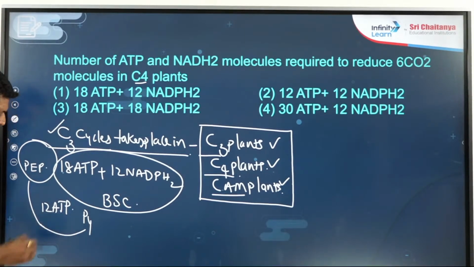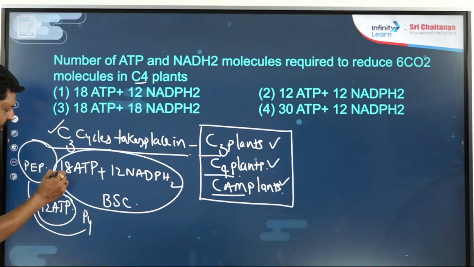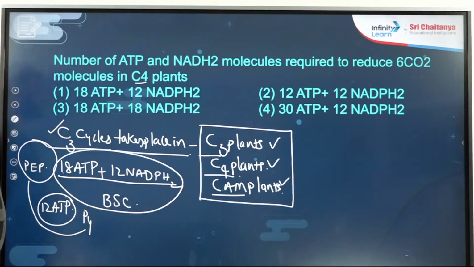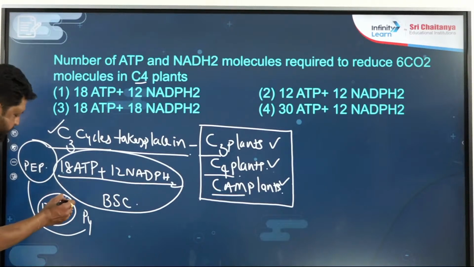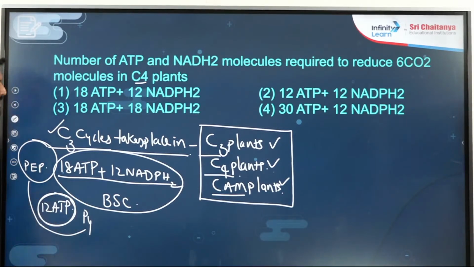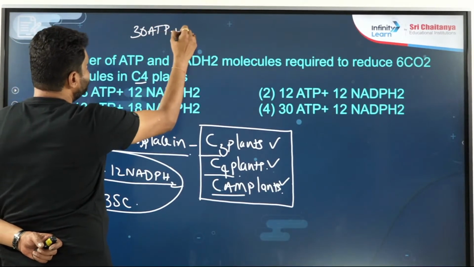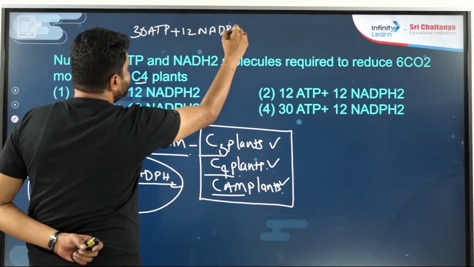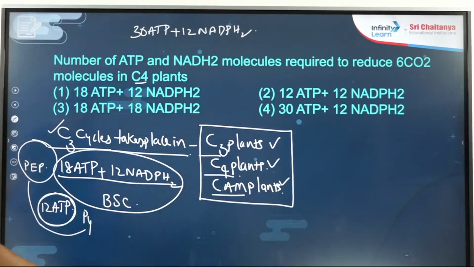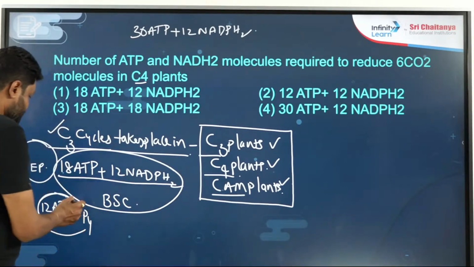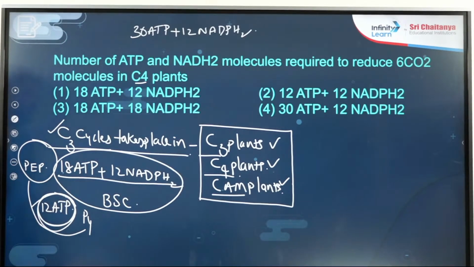So the regular requirement of ATP for the reduction of 6 CO2 is 18 ATP plus 12 NADPH2. But in addition, C4 plants require an extra 12 ATP. Then 18 plus 12, 30 ATP plus 12 NADPH2 is required for reduction of 6 CO2 molecules in C4 plants. So an excess of 12 ATP is required.